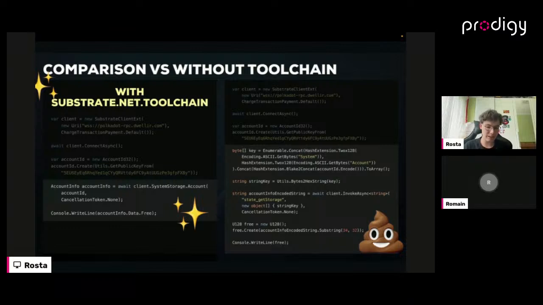Most of the time, it didn't even give me the autocomplete that I wanted and things like that. So I believe that the toolchain is actually doing a much better job at exposing the types than the Polkadot JS API. So I believe it's much easier to use actually.